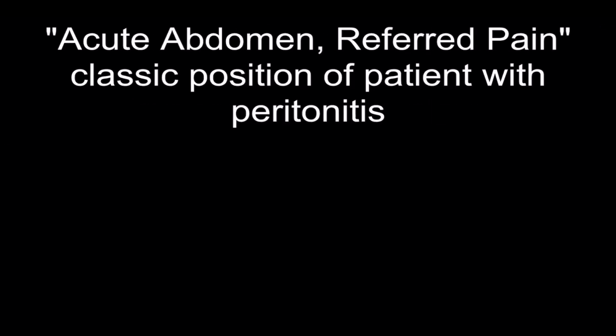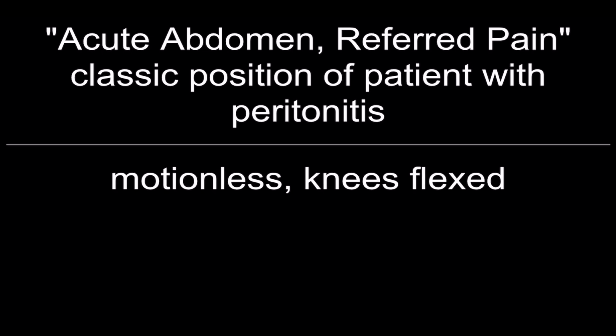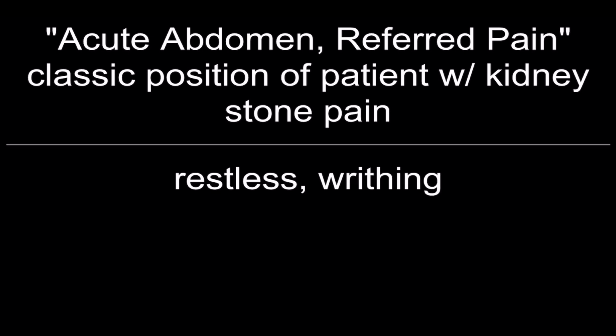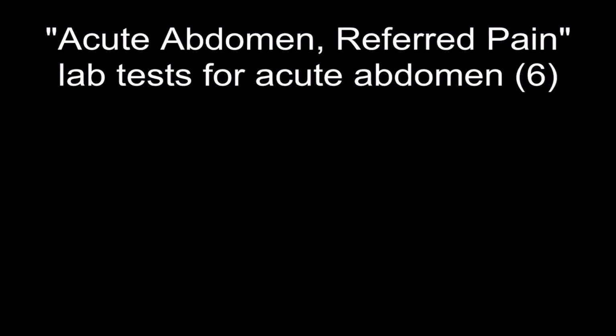Classic position of a patient with peritonitis: motionless, knees flexed. Classic position of patients with kidney stone pain: restless and writhing movements. What lab tests are positive for acute abdomen?